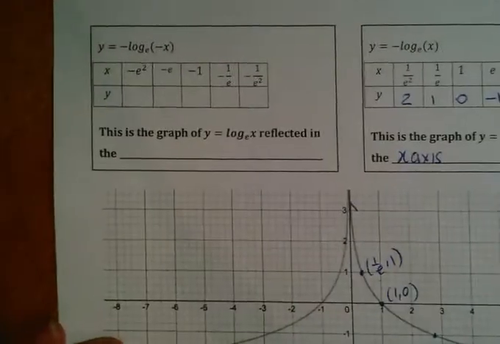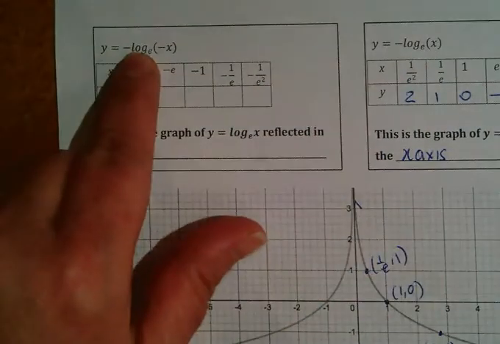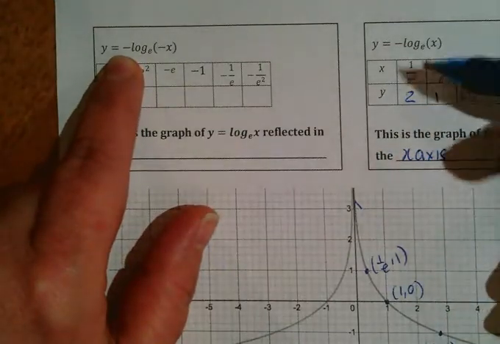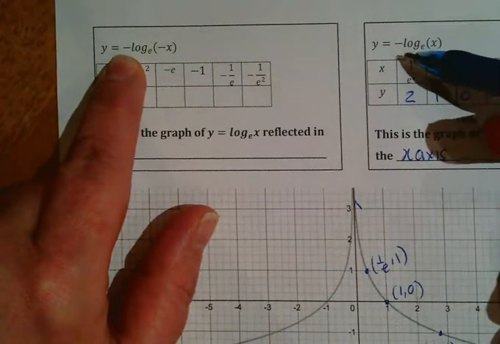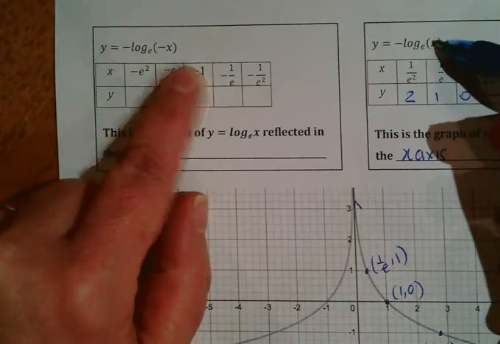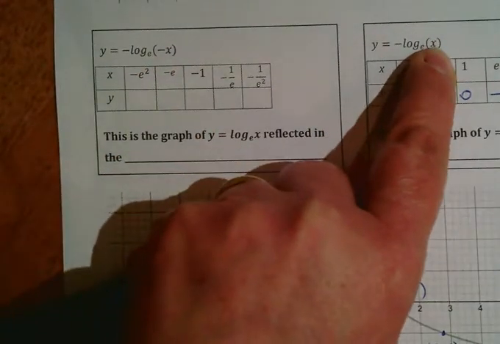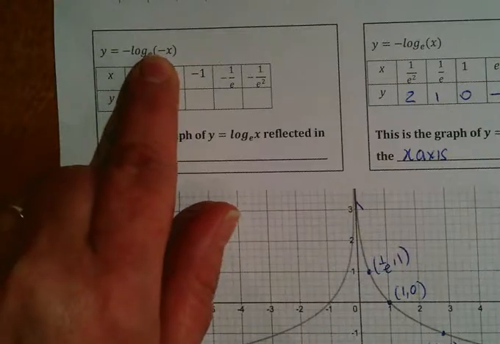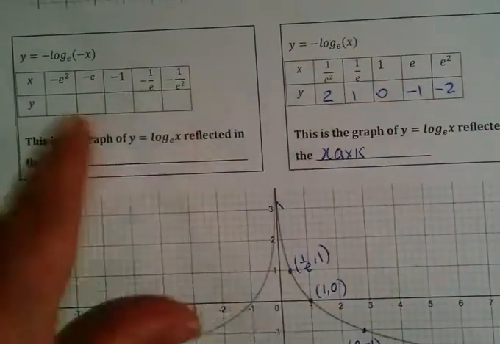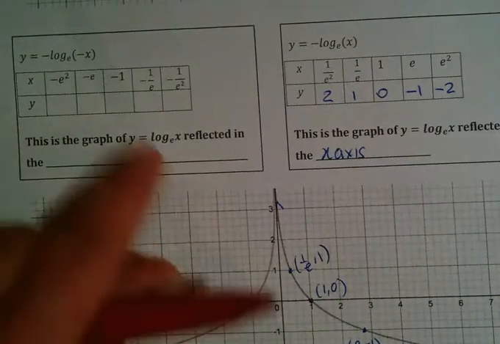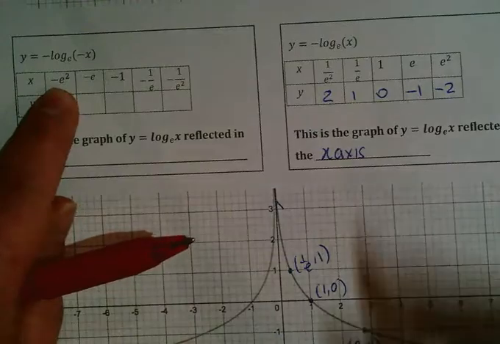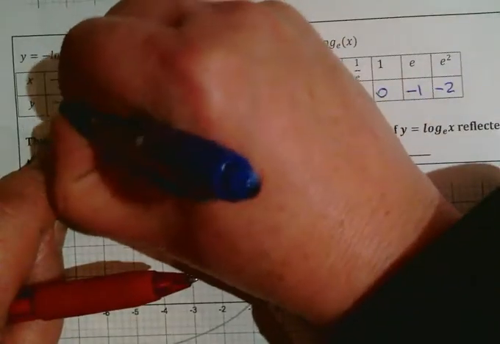And here, if you compare these two, this is now, yes, it has been reflected in the x-axis, but it has then also been reflected in the y-axis, because wherever x was positive, now it's negative. So now again, just doing a sideways swap of these. So what was negative e squared is like e squared, which gives us this value here of negative 2.